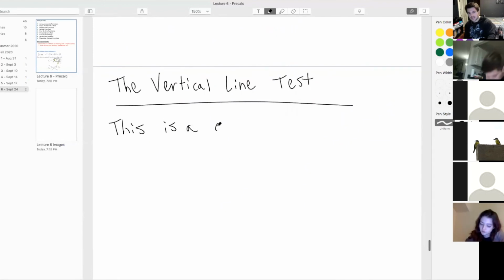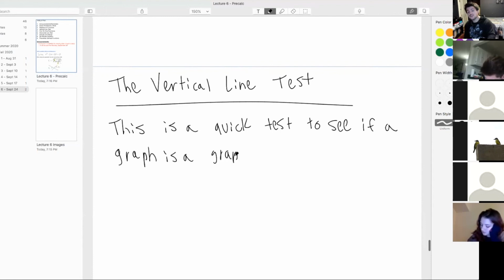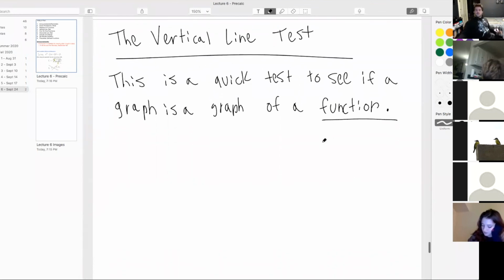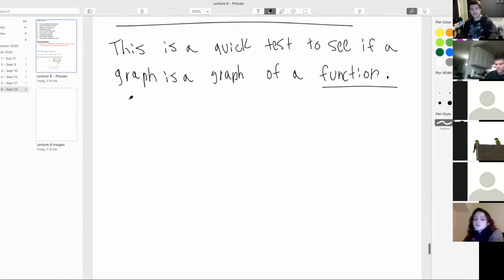This is a quick test to see if a graph is a graph of a function. Okay, so this is useful for when you're given a graph and you want to decide whether the graph represents the graph of a function.